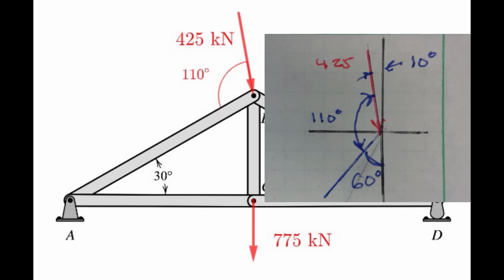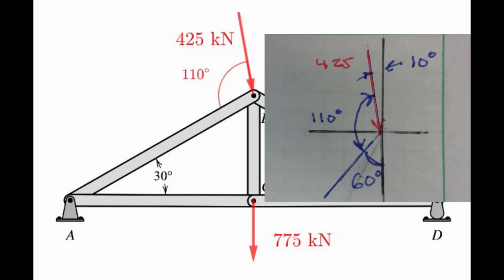That leaves a little skinny angle of 10 degrees, so the force component in y is cosine of 10 times 425, and the x component is sine of 10 times 425. That results in a y component of 418.54 in the downward direction, and 73.8 to the right.